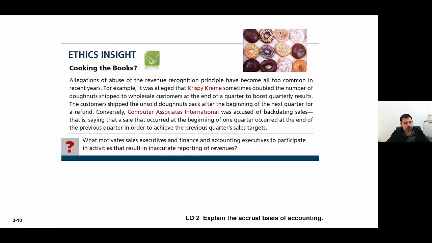An interesting point to discuss here is where accrual basis accounting is manipulated in order to cook the books. And what do we mean by cooking the books? Basically manipulating the numbers to mislead investors, creditors, and other stakeholders.